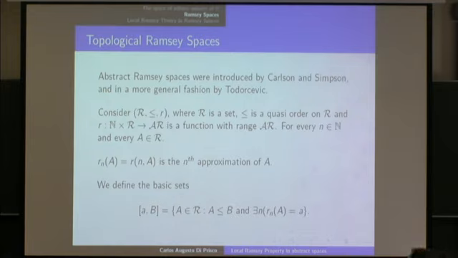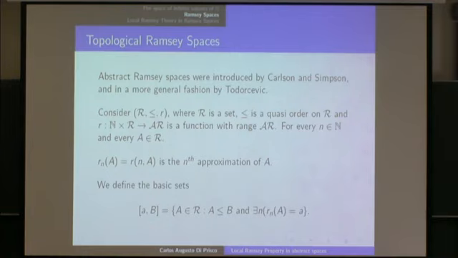So the basic example is the Ellentuck space that I mentioned before, where R is the set of infinite subsets of the natural numbers. The order relation is containment, and the approximations are initial segments.